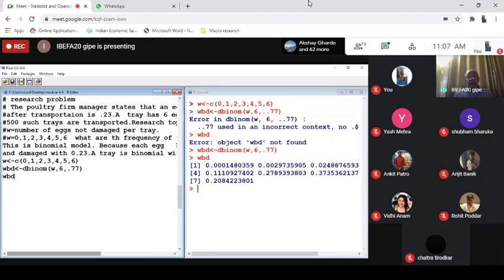This is the probability for damaged egg per tray. Can anyone tell me, among 500 trays, how many are having 0, 1, 2, 3, 4, 5, and 6 damage? What is the frequency now?